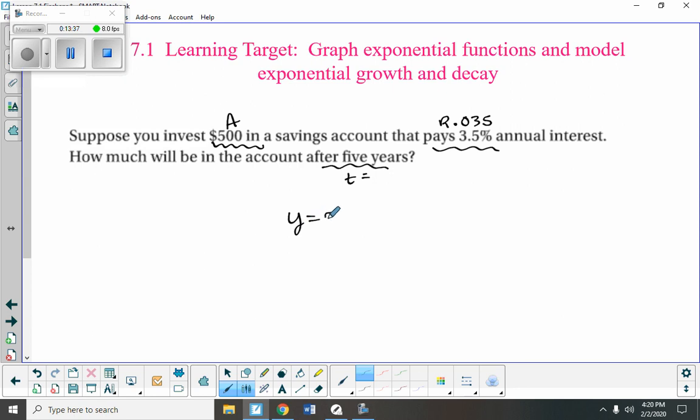So A, your initial amount, is 500, 1 plus the rate, and the t is 5. So substitute that into your calculator. And we get $593.84. So go ahead and type that into your calculator. Make sure you're getting that correct.